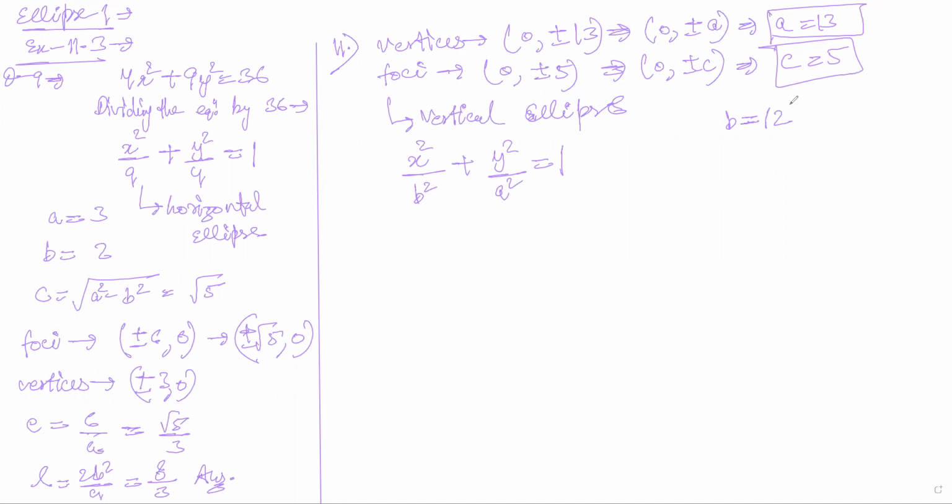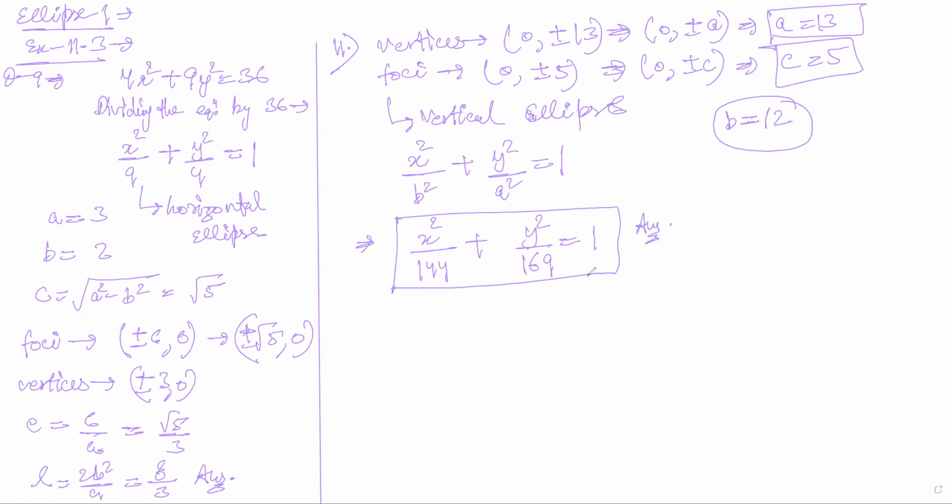You'll find out that B is 12. So if B is 12, it should be x square by 144 plus y square by 169 equals 1. That should be the answer.